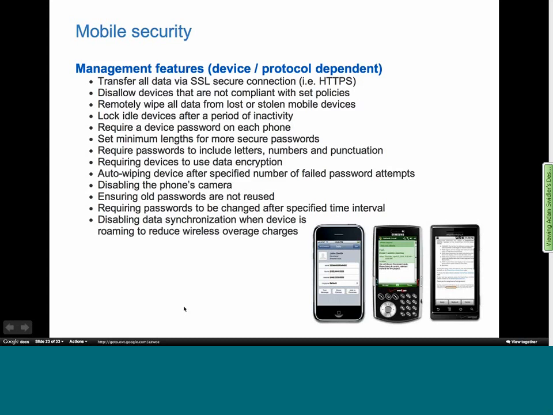All of these are examples of mobile device management policies that you can apply, and we apply them across different types of mobile devices. So not everything is available on every type of device. You need to look explicitly at what device type you're supporting, whether it's an iPhone, a BlackBerry, or an Android device, and then there are specific sets of these policies that are available.